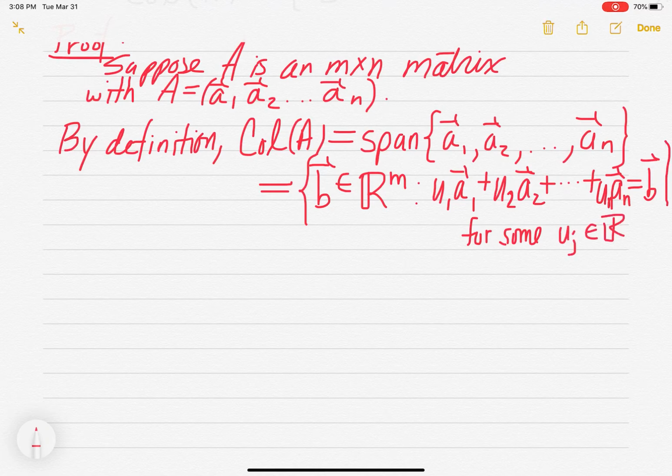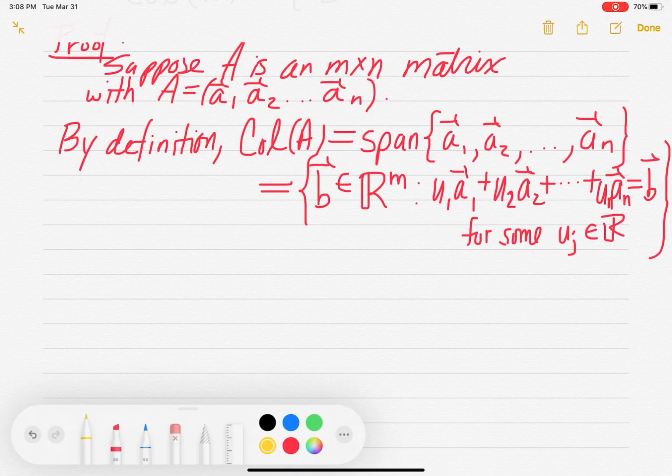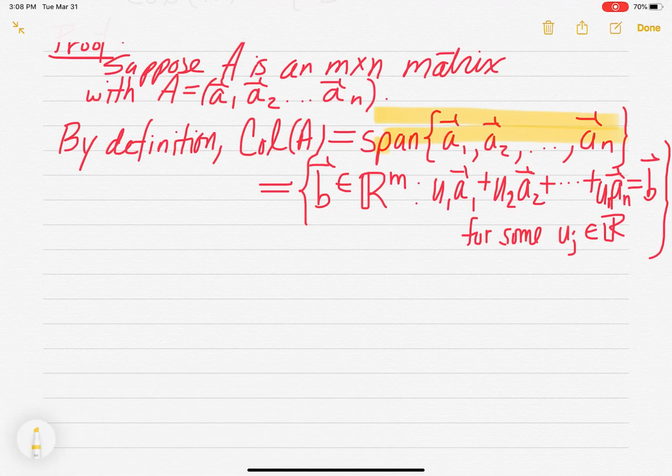Now what am I saying here? What is the span? The span consists of all linear combinations of the AJs, right? Now this is exactly what I have right here.